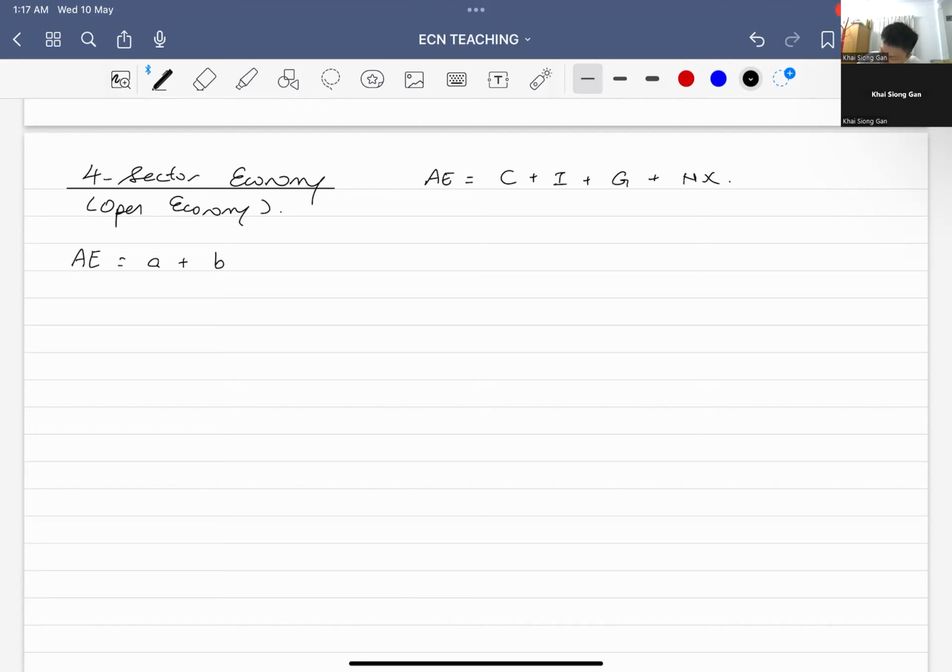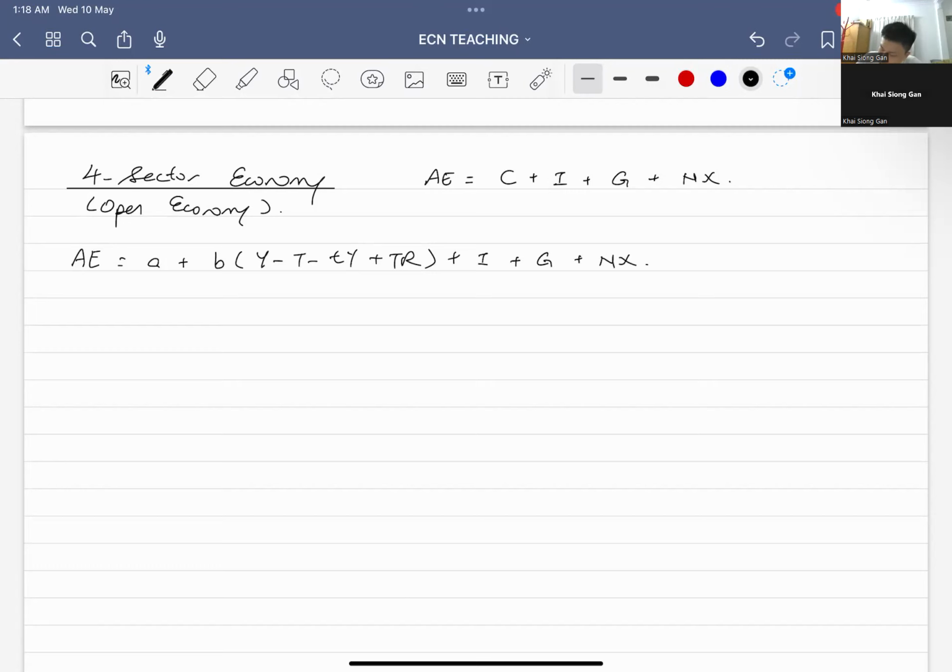So therefore, I can rewrite it as Y minus T minus tY plus TR. So that's my extended consumption function, in which you use your gross income minus the autonomous tax, minus the induced tax, plus the transfer payments, plus investment plus government spending plus net exports.